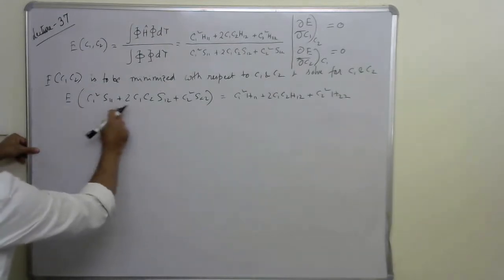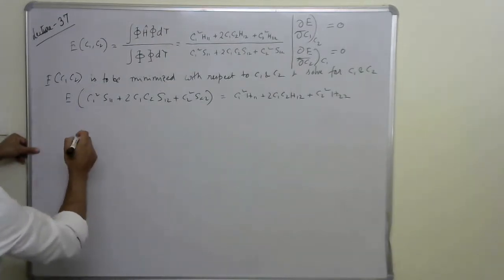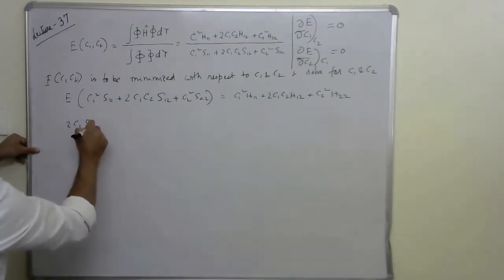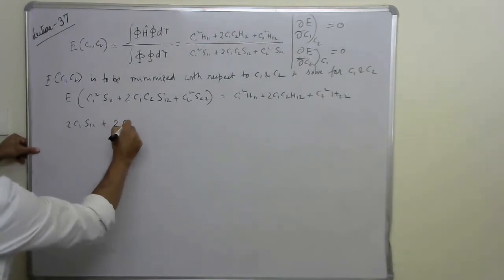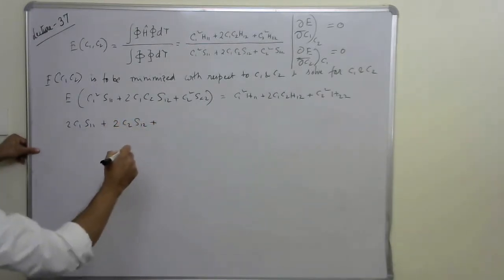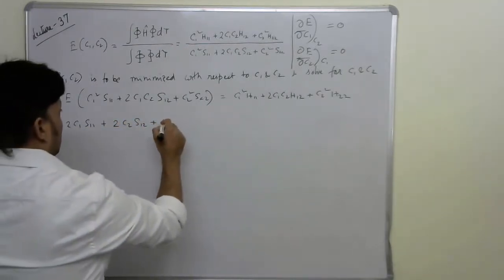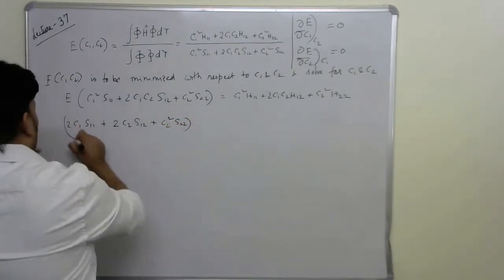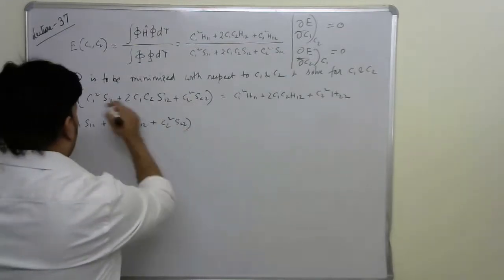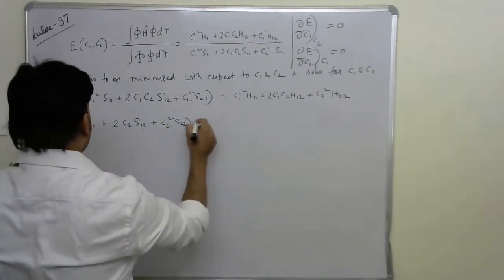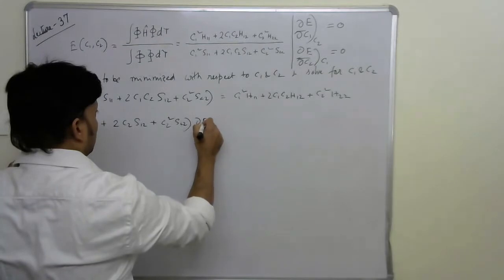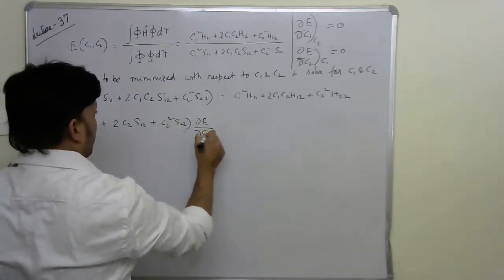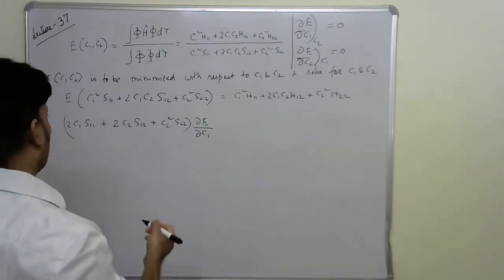we first take the derivative of this with respect to C1. So it becomes 2C1 S11 plus 2C2 S12 plus C2 square S22, multiplied by again E. So we can take del E del C1 at C2 constant.